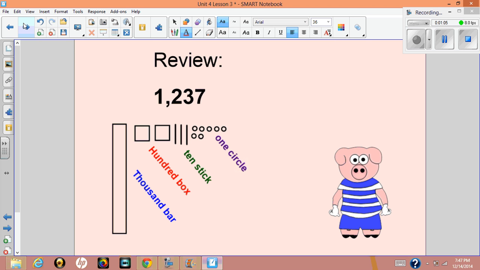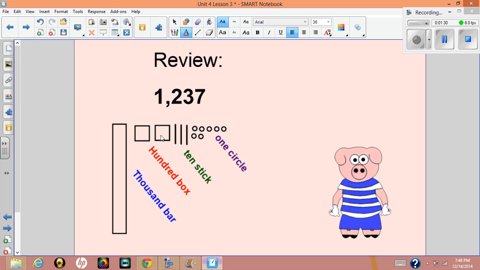Let's review the place value drawings that we did in our last lesson. Let's look at the standard form number 1237. Let's look at it in our place value drawing. We have 1,000 bar representing the 1,000.